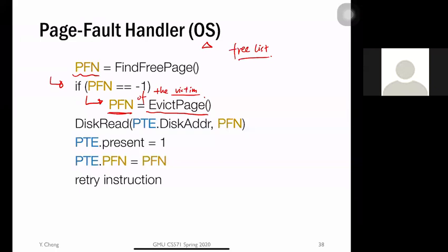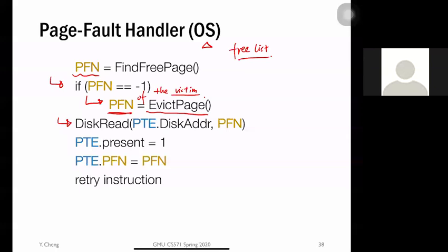And then you enter the next phase, which is a disk read. At a high level, this disk read function takes in two parameters. The first parameter is the page table entry of interest, because it happens to be that this page table entry that has just been accessed has a present bit of 0.